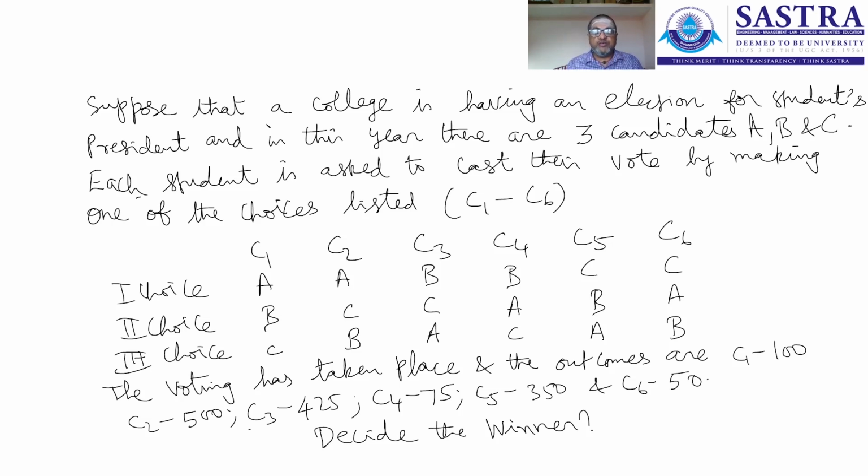So you have a difficulty in finding the winner. Of course, one way is just adding the number of votes by first choice, and you will have A as the winner.